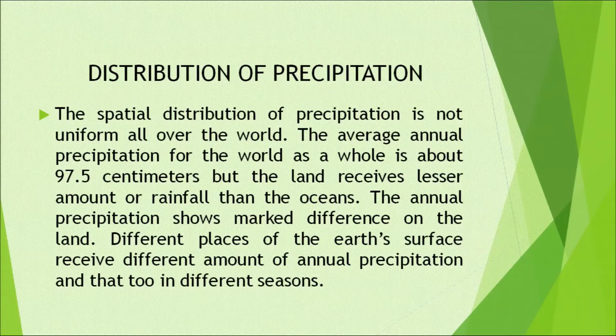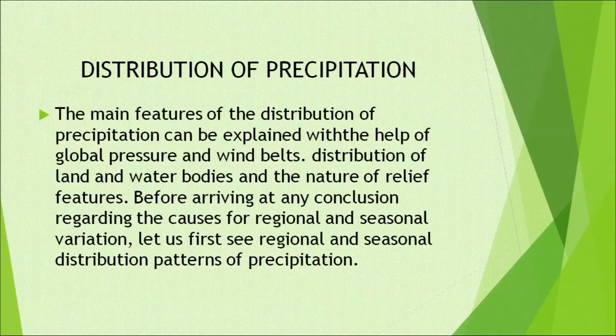Different places of Earth's surface receive different amount of annual precipitation and that too in different seasons. The main features of distribution of precipitation can be explained with the help of global pressure and wind belts, distribution of land and water bodies, and the nature of relief features.